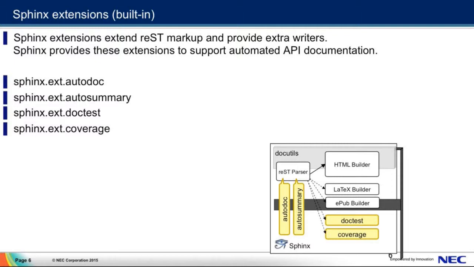If your documentation is too large, autosummary will brief it and provide a link which points to the main document. Doctest is for testing the code snippets you use in your documentation, and coverage is like benchmarking, it just shows how much your documentation is covering your code.